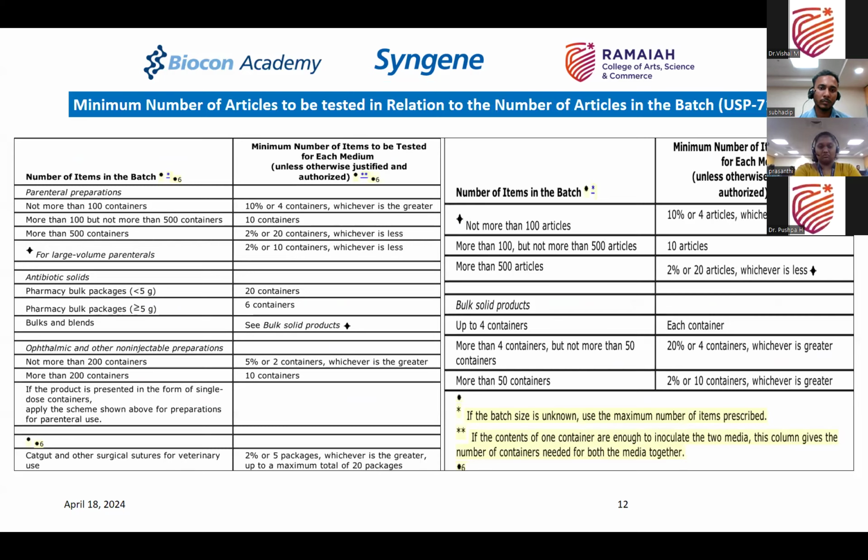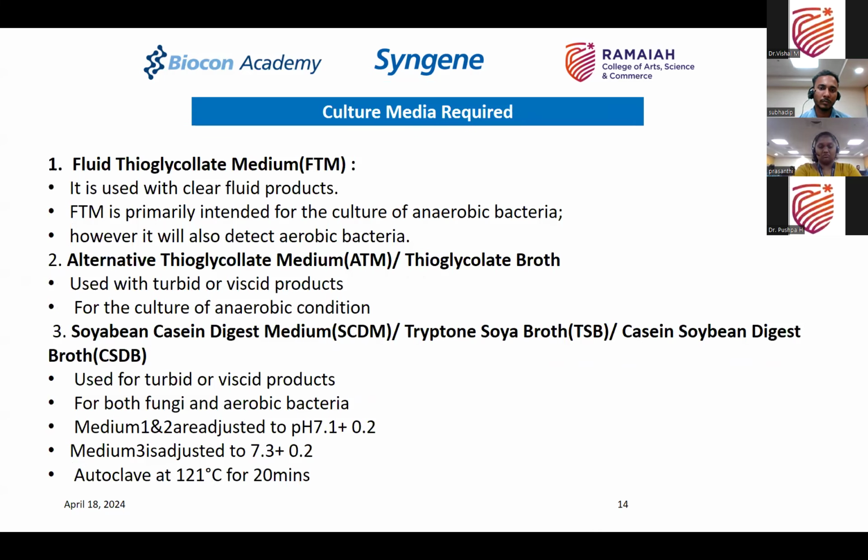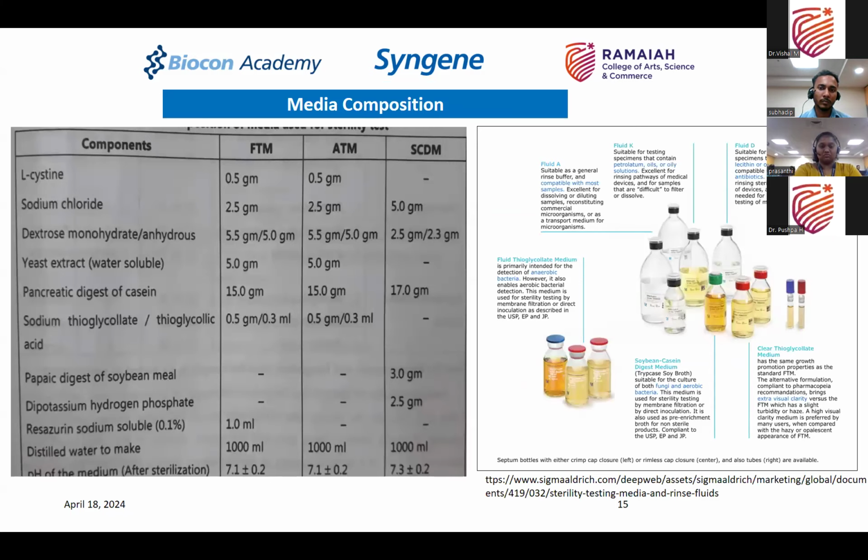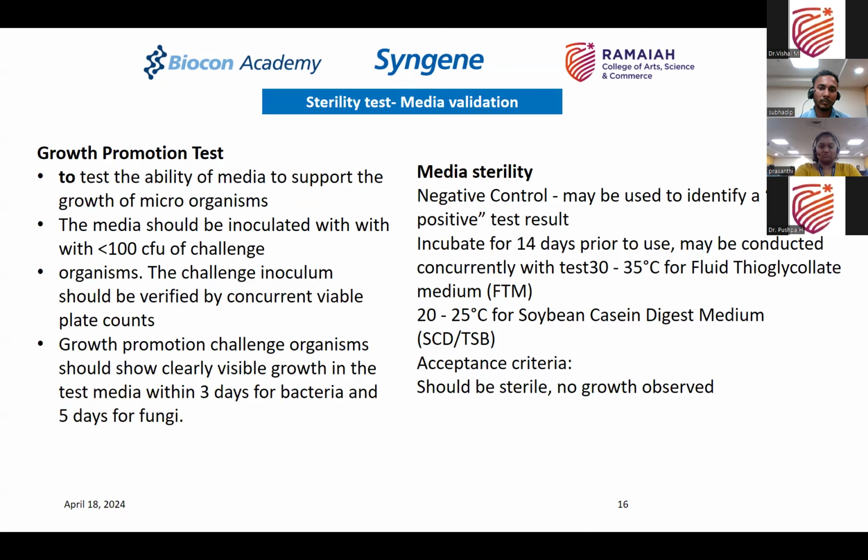First, we have to consider the sample size and volume of the sample, and the media required, the different media according to USP and their composition. To validate this media, we have to perform the growth promotion test, and we also have to see whether the media is sterile or not. Once it passes these tests, that indicates that the media is validated.